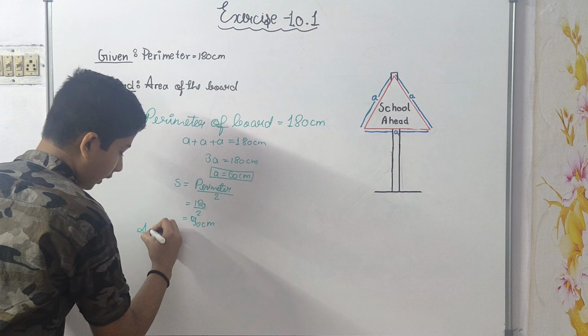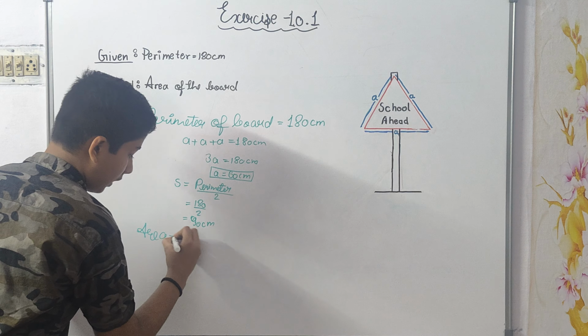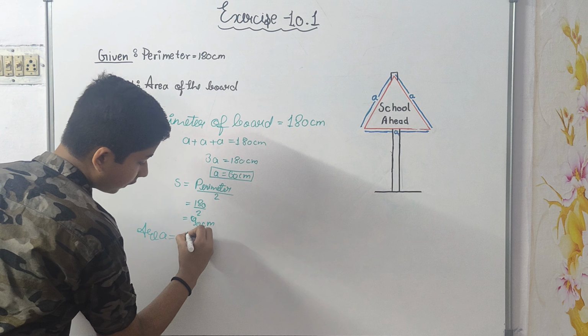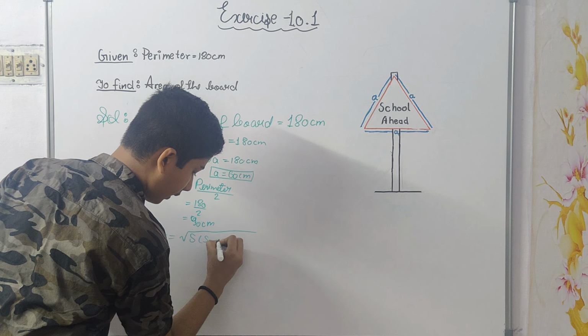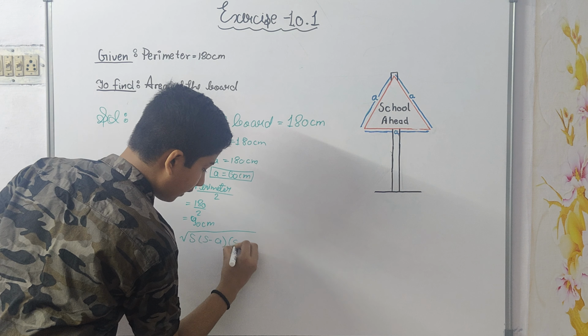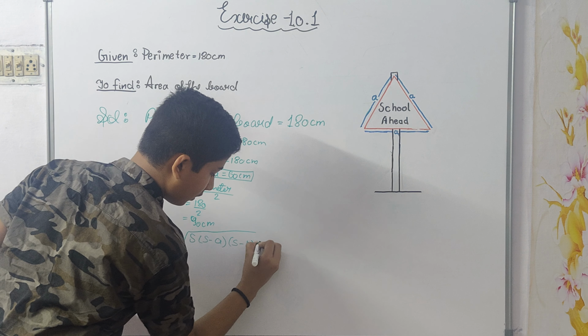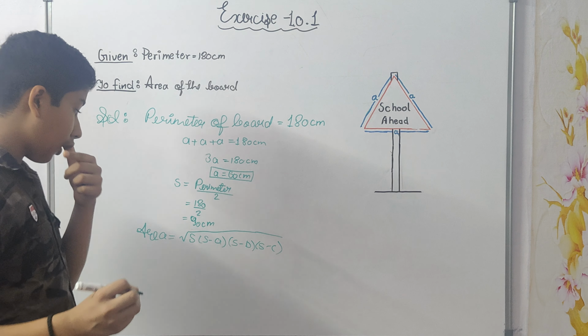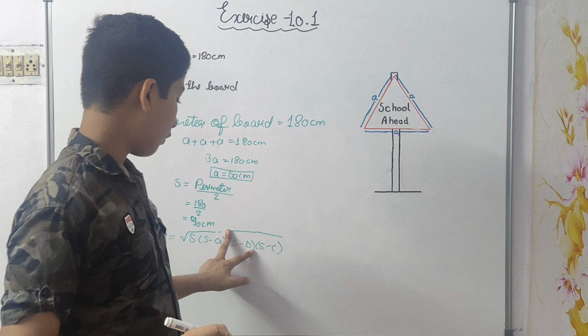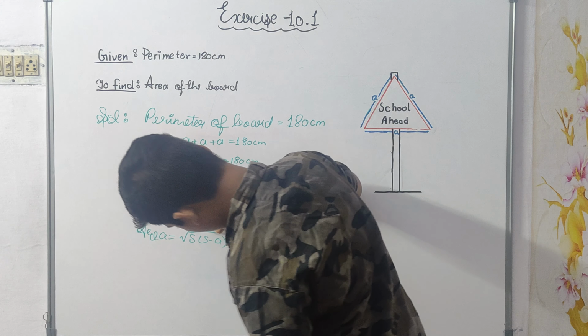Now we'll find the area, which equals root of S into S minus A, S minus B, S minus C. This is Heron's formula.